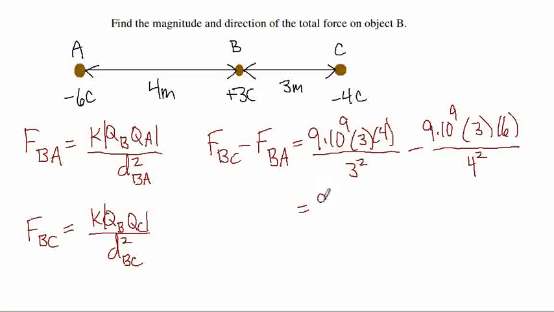Let me factor out the 9 billion again, like I did on the last problem. So we have 12 over 9 minus 18 over 16.